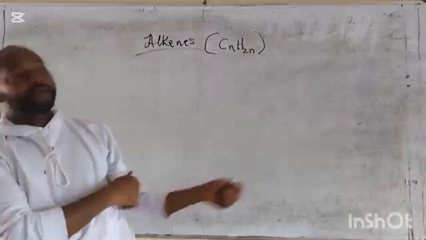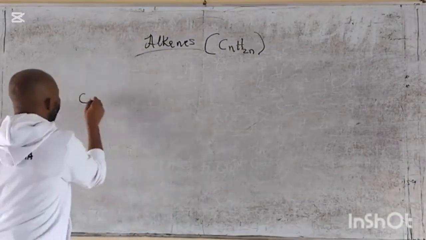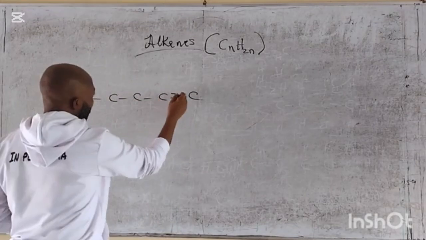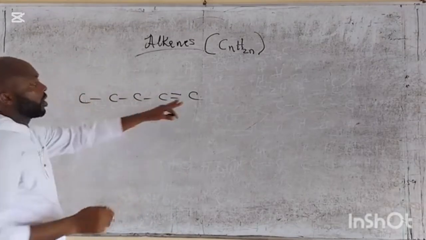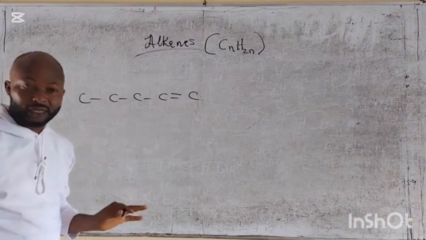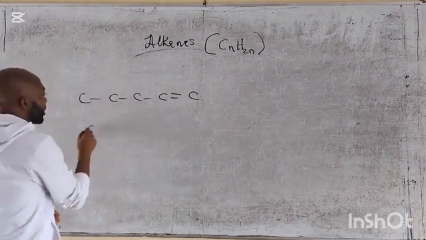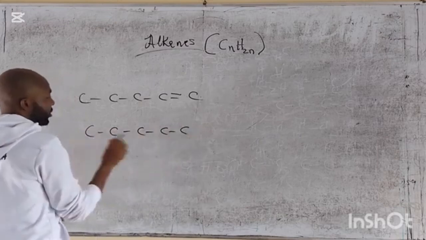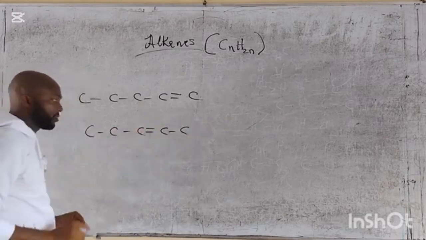For example, if I have 1, 2, 3, 4, 5, I have my double bond here. This is 1-pentene. Now, another isomer of this can have the double bond here. This is 2-pentene.